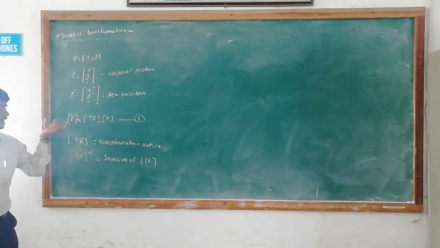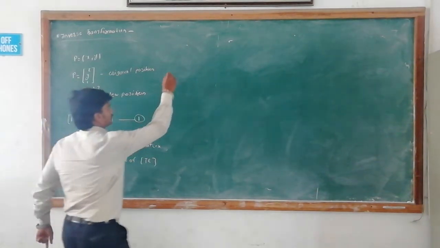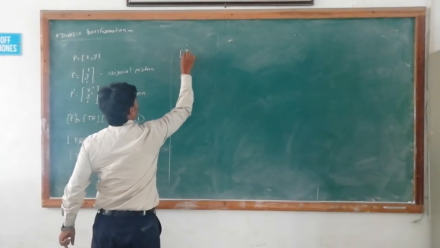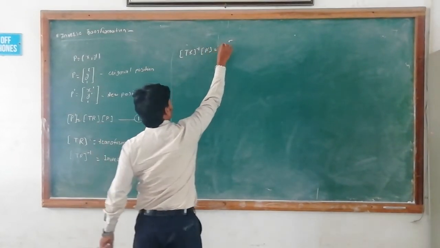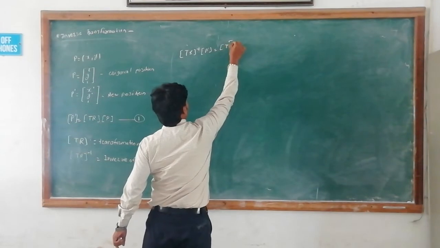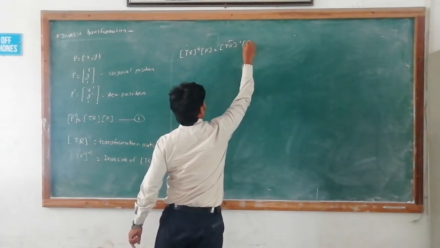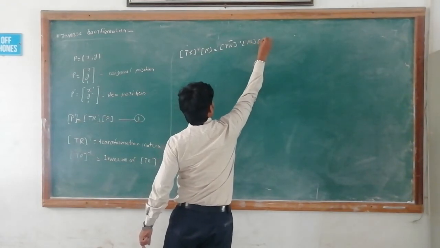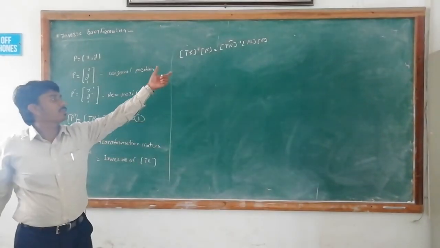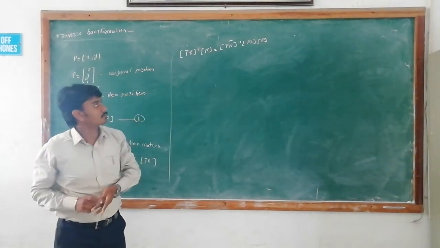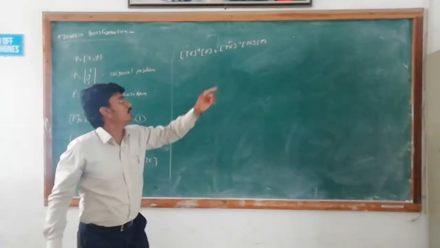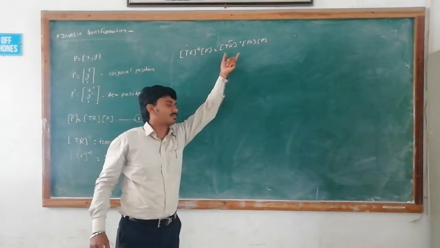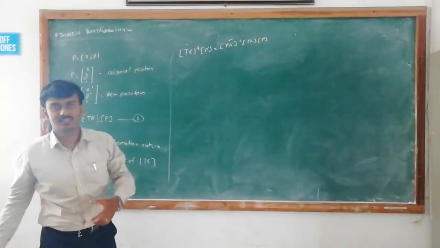If I pre-multiply this equation by TR inverse, I get TR inverse into P dash is equal to TR inverse into TR into P. The multiplication of TR inverse and TR, the transformation matrix inverse and the transformation matrix, is a unit matrix.